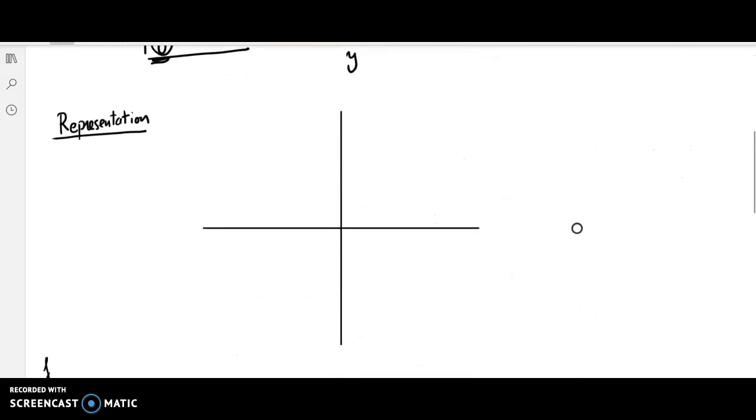So I'm going to make the numbers. This is the 1, this is the 2, 3, and 4. This is 1, 2, 3, 4. This is the y-axis, the horizontal line is the x-axis. So we have only positive numbers in this case.